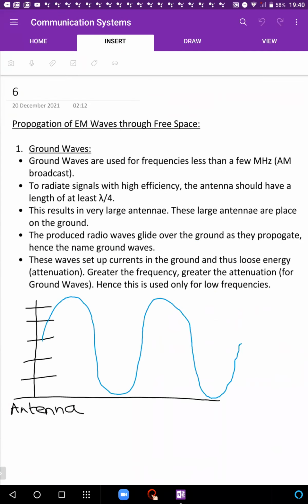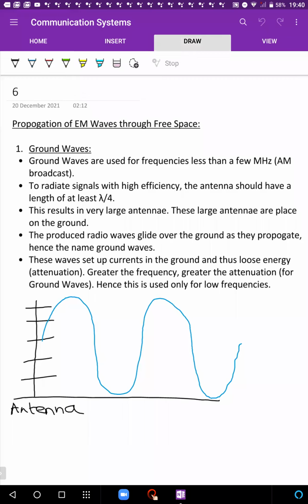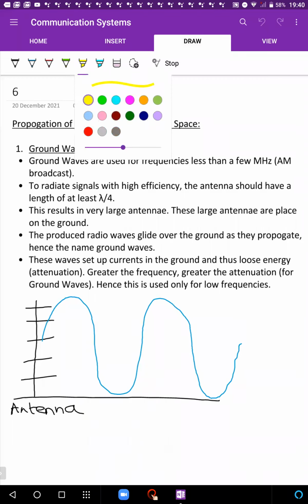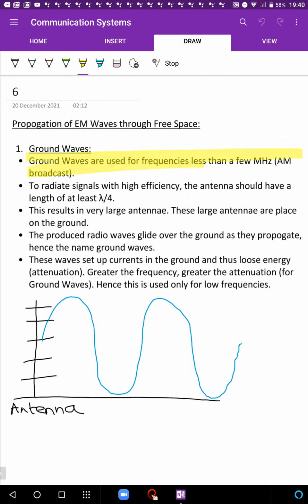So what are these mechanisms that we were talking about? The first one is ground waves. We're talking about how EM waves, radio waves, are propagated through free space, through the air channel. Ground waves are used for frequencies less than a few megahertz, so this is used for AM broadcast.